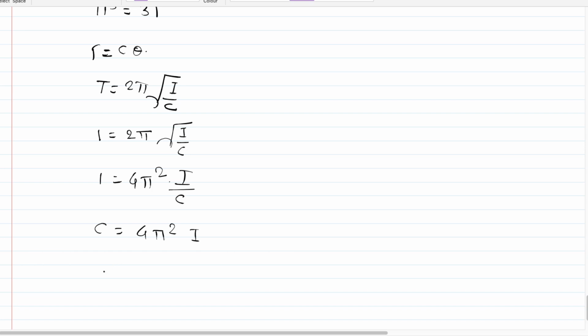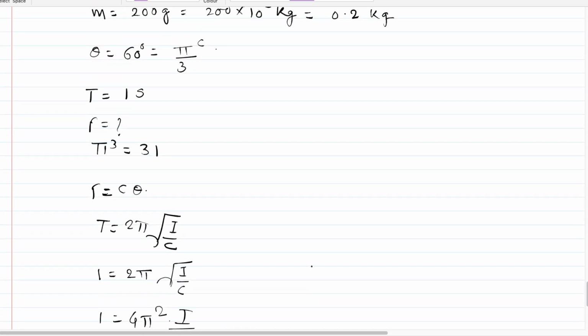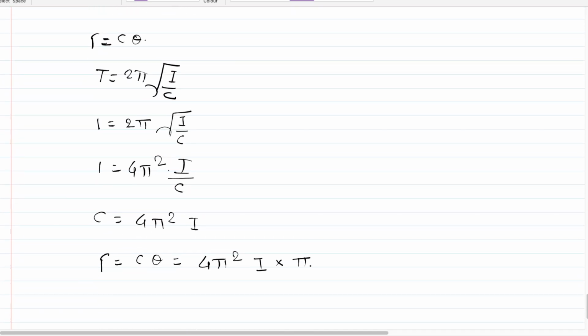Now restoring torque tau will be equal to C into theta. Therefore the value of C is 4 pi square into I into theta, and the value of theta is given as 60 degrees, so it is pi by 3.